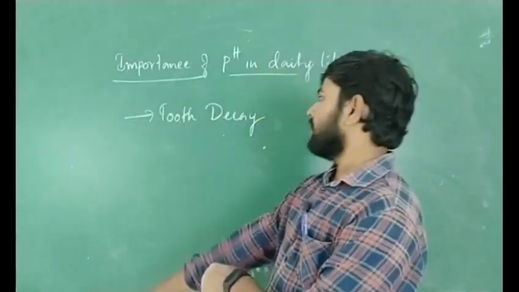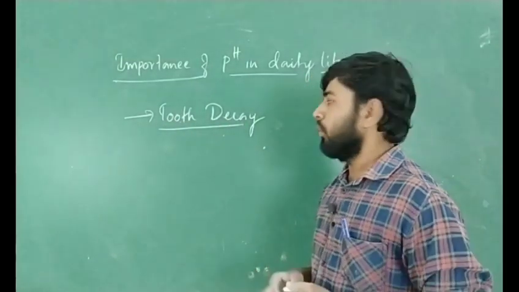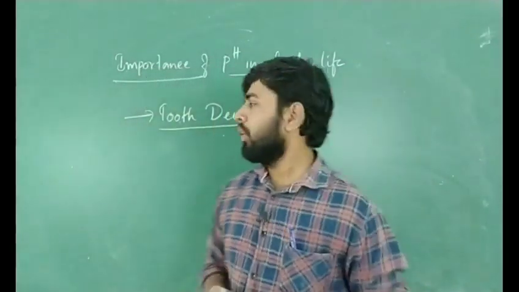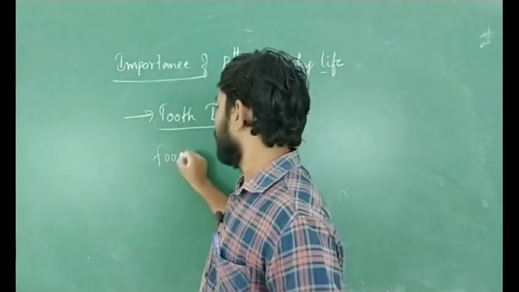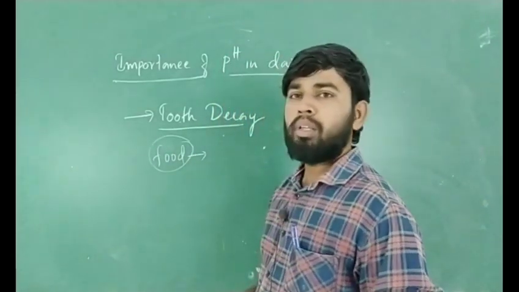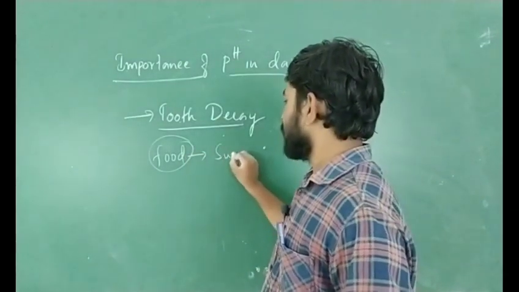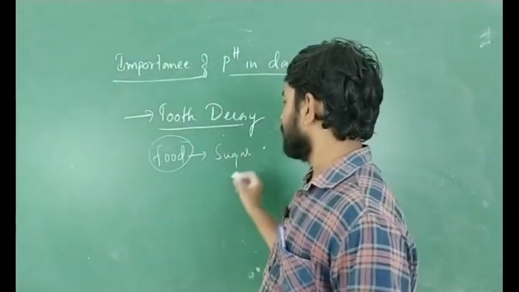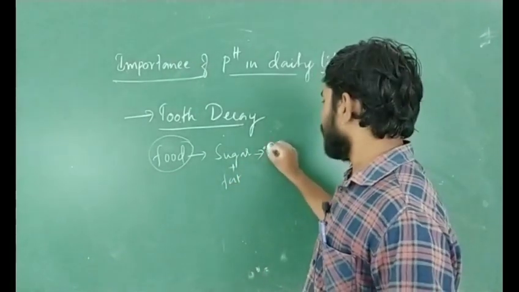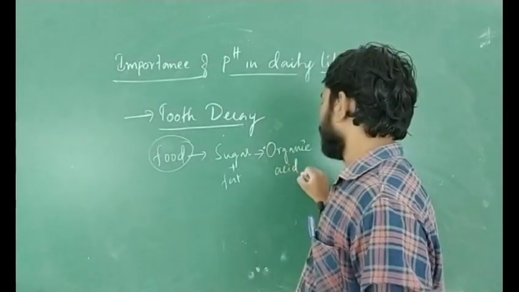So now we are going to discuss tooth decay. Generally we eat food, and in the food we have sugar, some other material, and fats. After some time of consuming the food, the sugar present in our food is going to produce organic acids in our mouth.